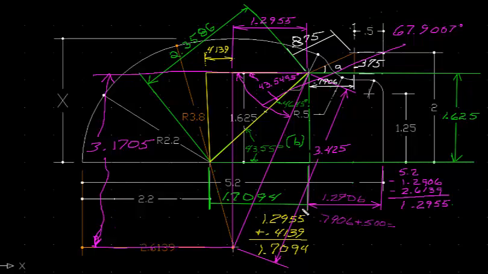Okay, so that's that. Then we know what this distance is from here to here, and we know what this angle is inside here. So all you have to do is solve for this distance from here to here, and you actually know what that is already. If you take the 1.625, because it's 1 inch 625 thousandths, and subtract it from this overall length, that's going to tell you what's left over from here to here.